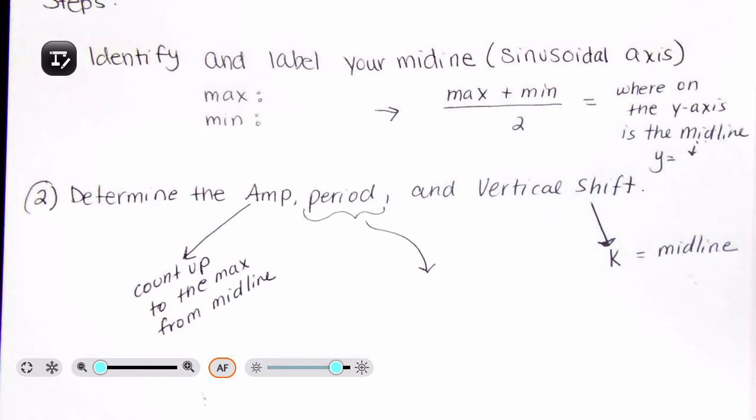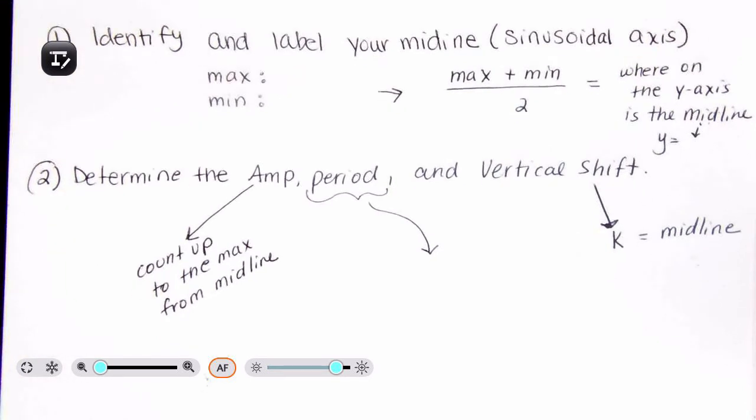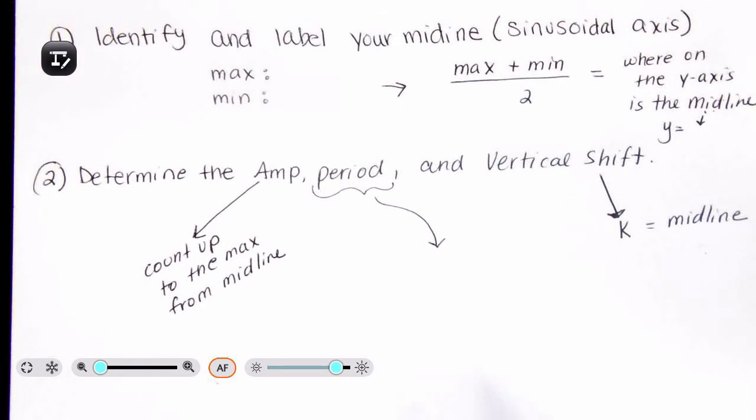Now recall when we are writing our equation, period is not really in our equation. B is in our equation, and we use B in order to determine what the period is. So in order to find B, you have to know the period. It doesn't matter if you are working with a sine or a cosine wave, you still will have the same period because it starts and ends in the same position.